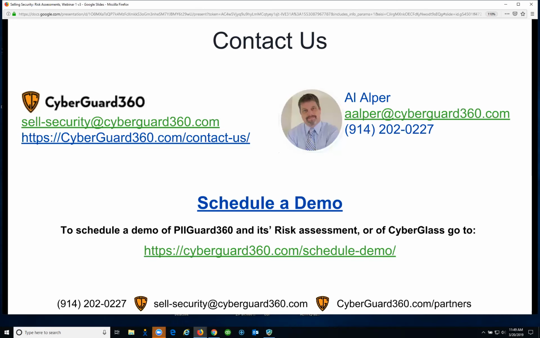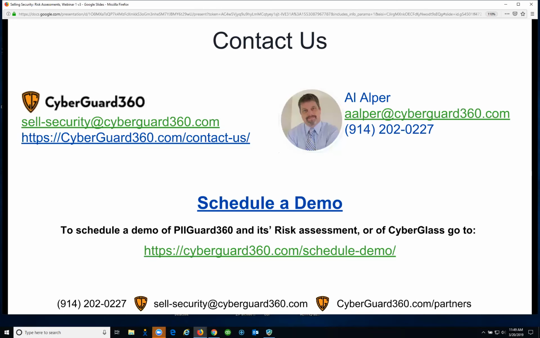So if you're in CyberGlass and you identify an incident, you tag that incident as something reportable, and when you're done working on the incident, it automatically writes it down to PII Guard 360. So automated documentation of incident response is the other one.